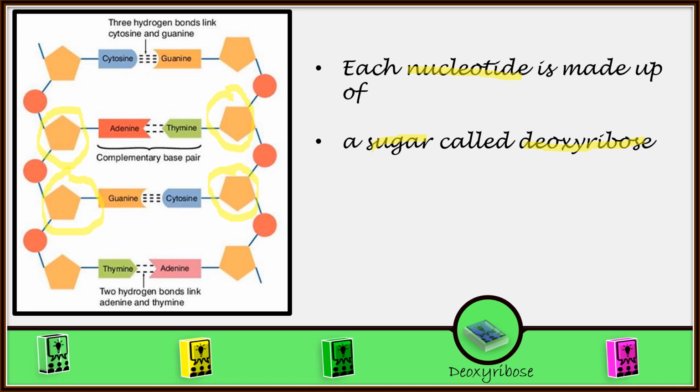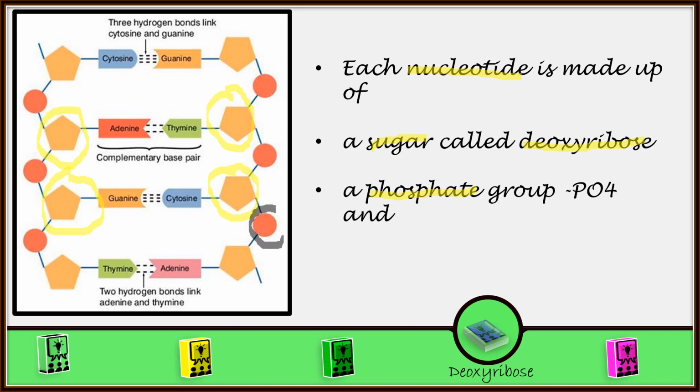Then another subunit is the phosphate group. The phosphate group is this one here. It is another subunit of a nucleotide.